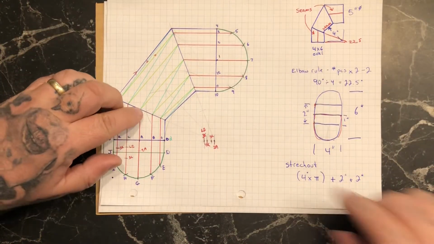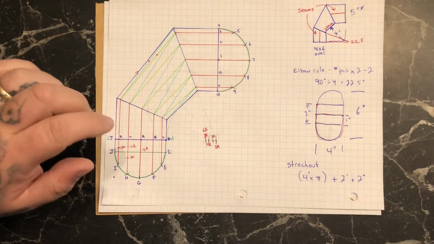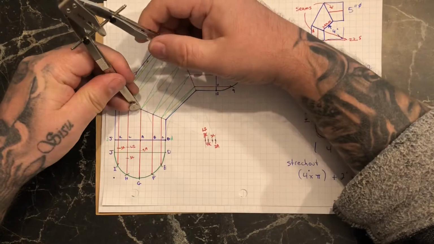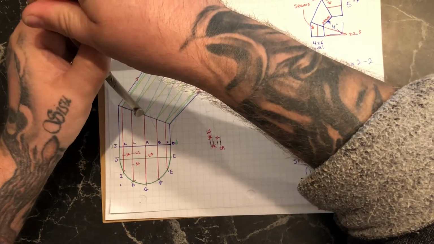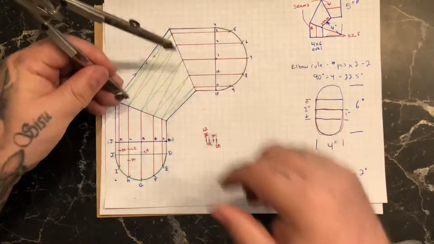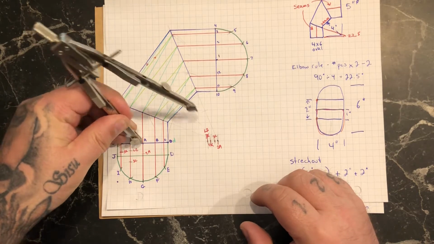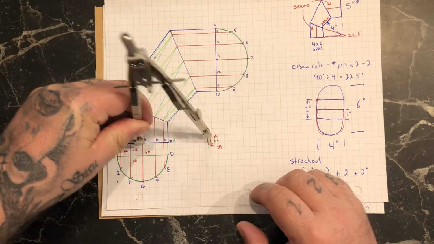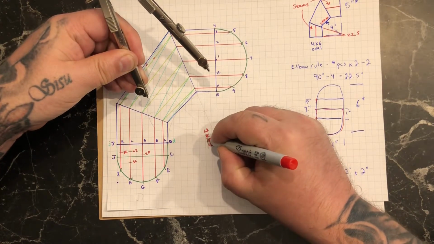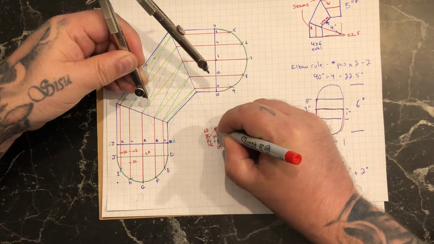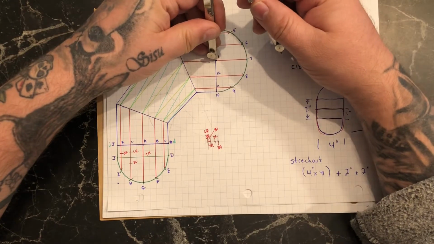Now, take this line and we're going to go up to 1, A to 1. Bring it down to the baseline, swing it in here. See, now you can see it's really getting jumbled in here. A1. I'm going to use the 1.